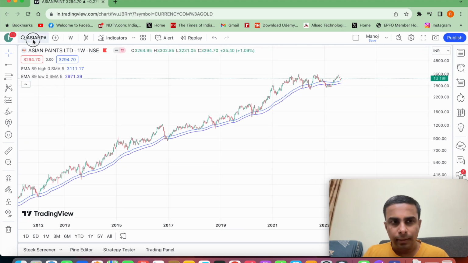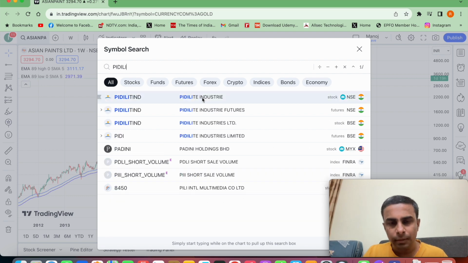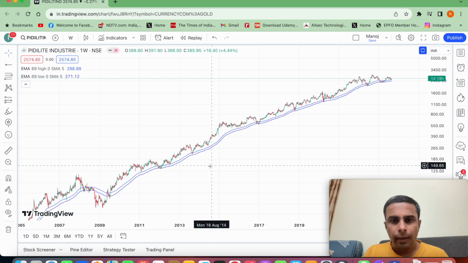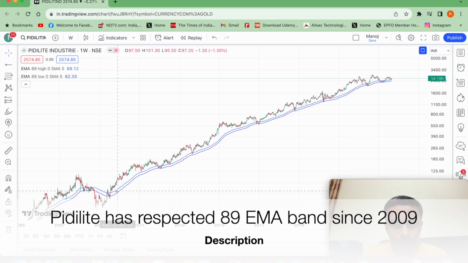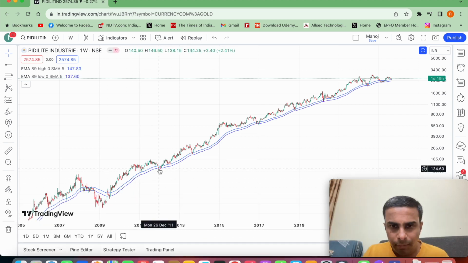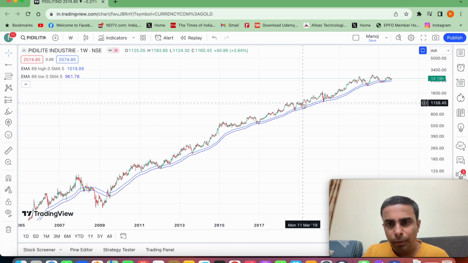Now let's look at another example, Pidilite Industries. This stock has created wealth for many, and as you can see over here, it has been respecting this 89 EMA band from 2009. Every time it touched this 89 EMA band, it has gone up and it has given phenomenal returns.